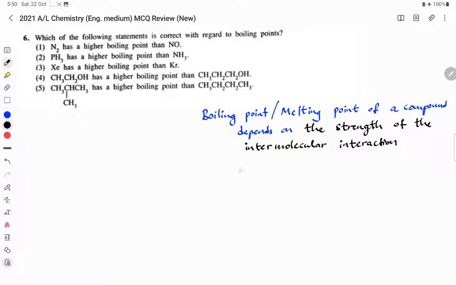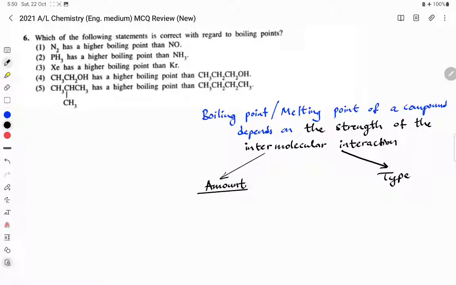There are 2 points. First one is the amount of intermolecular interactions. How many interactions are there? Then the type of the intermolecular interactions, which means whether it's a hydrogen bond, ion-dipole, London force, whatever. Depending on the type of the interaction, the strength of the interaction will be governed.